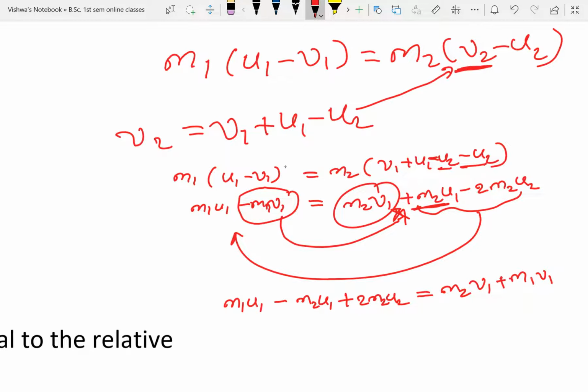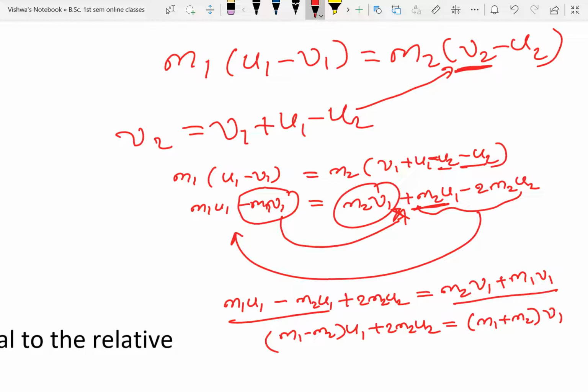From these two terms u1 is common, so it becomes (m1 minus m2) into u1 plus 2 m2 u2. This is equal to, from these two terms v1 is common, (m1 plus m2) into v1. Then we have to find the value of v1. For that, write v1 on one side and the remaining terms on the other side.